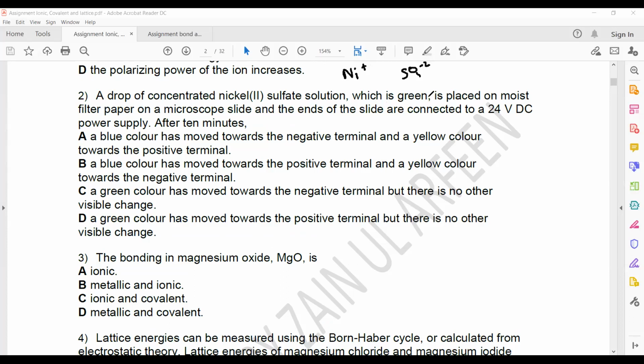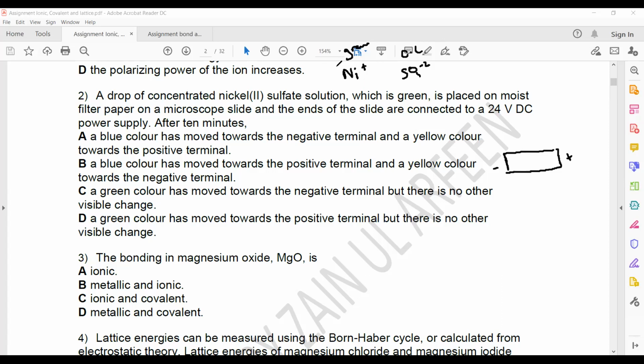So it is placed on a moist filter paper on a slide. The same thing we just discussed: we have a moist filter paper, one side is positive, another side is negative. After 10 minutes, what will we observe? This one, sulfate, is colorless and this one is green. What will we observe? Yeah, C is the right answer.